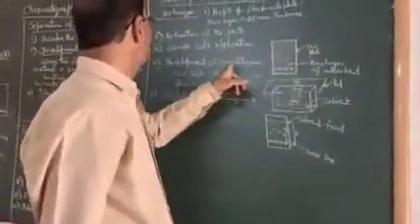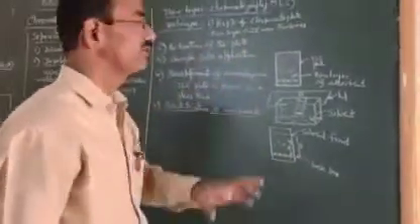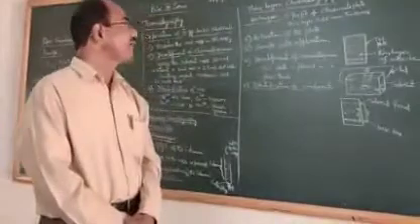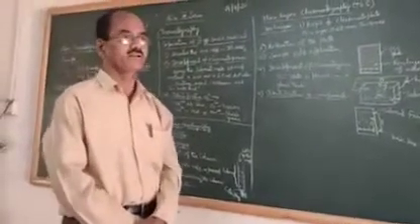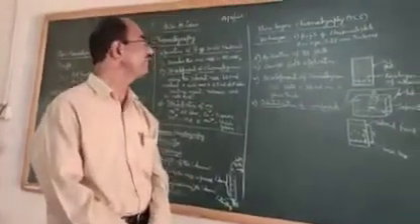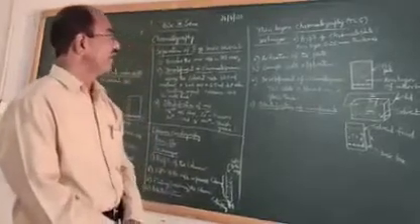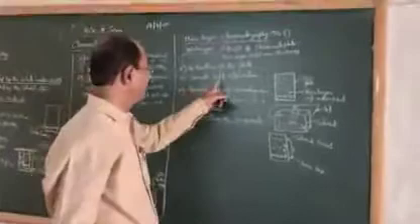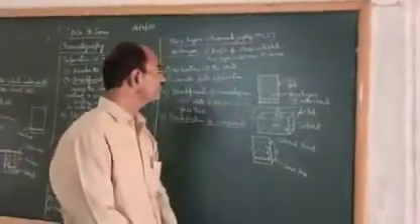Then the activation of the plate. This thin layer plate is dried in an oven. This process is called activation. And then the sample application. The third step is sample application.